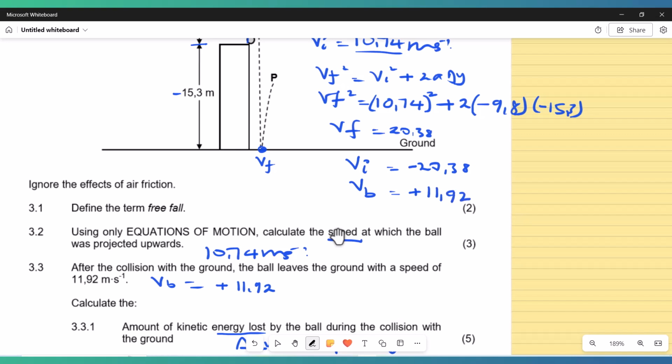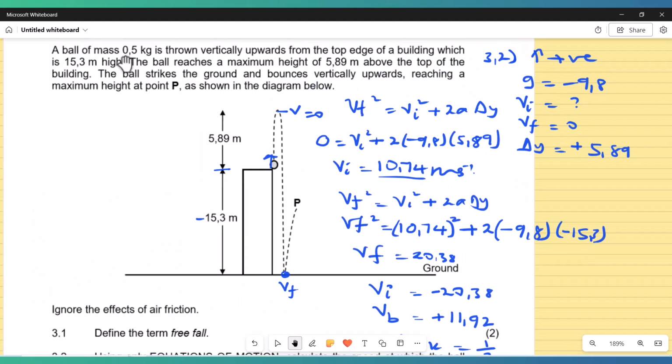11,92. Then we need our change in the EK here. So how do we find the change in the EK to get our energy lost? Change in the EK equals EK final minus EK initial. That's going to be a half times the mass. But the mass for this ball, they said 0,5. Let's check it again to confirm. Yeah, 0,5 kg.